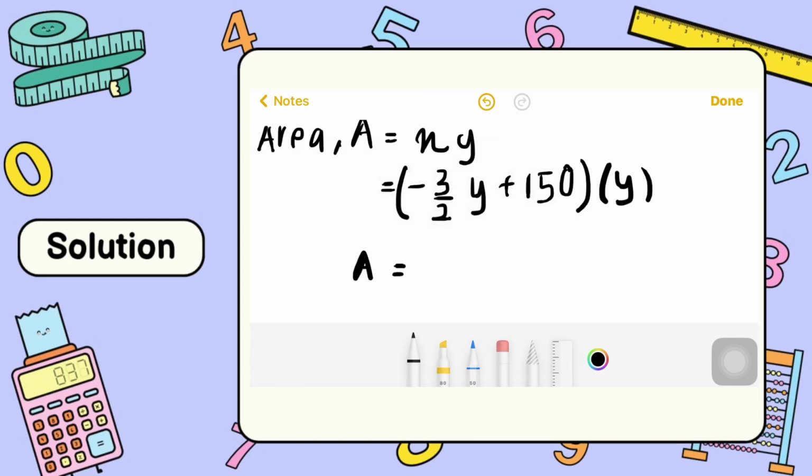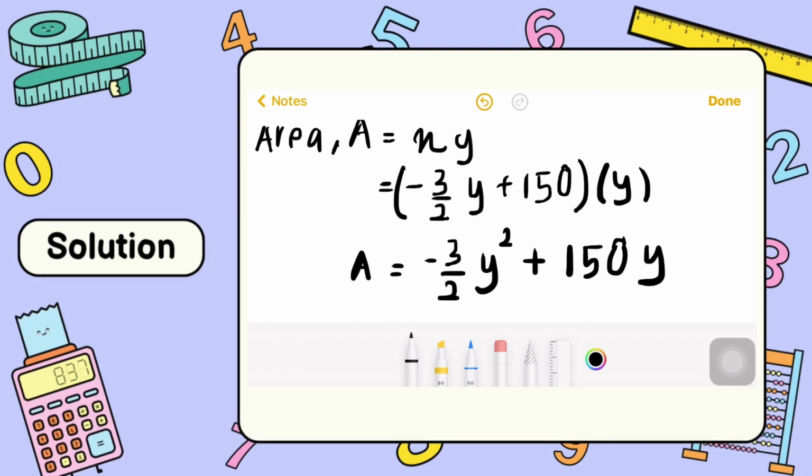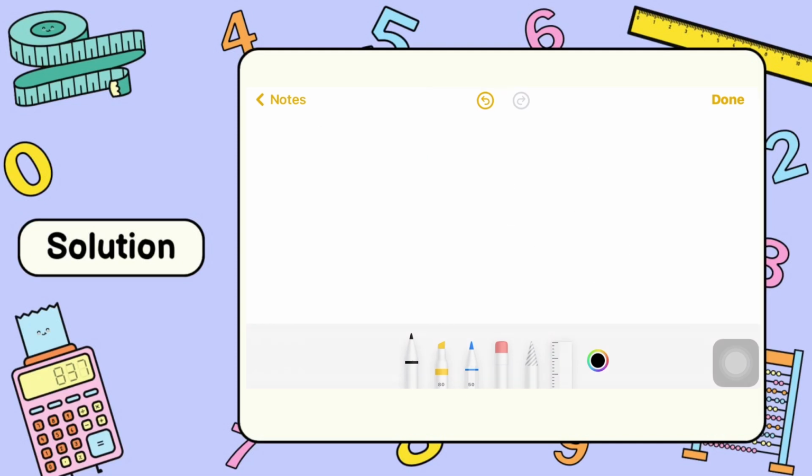Then A equals negative 3/2 y squared plus 150y. It became y squared because the y on the outside of the bracket is already multiplied into the equation.